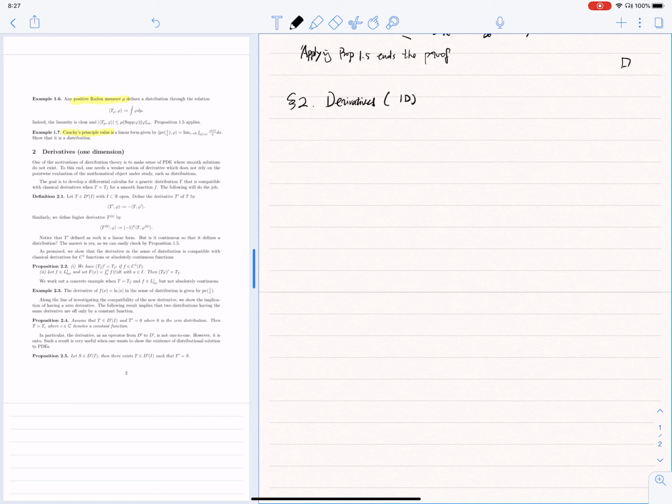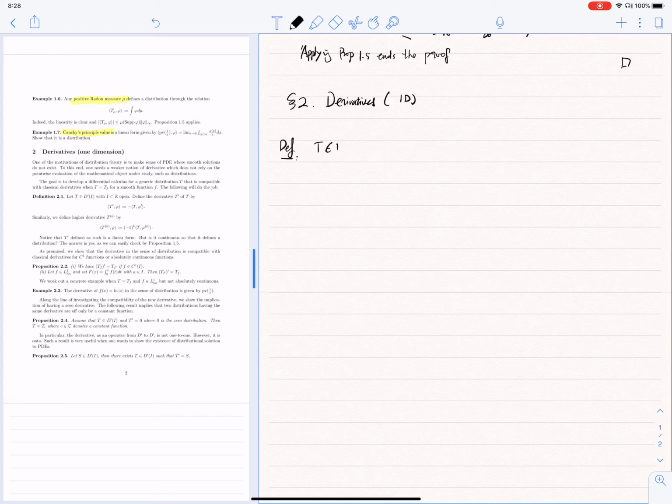Then the definition that will be doing that job is given by the following. Okay, so here's the definition.